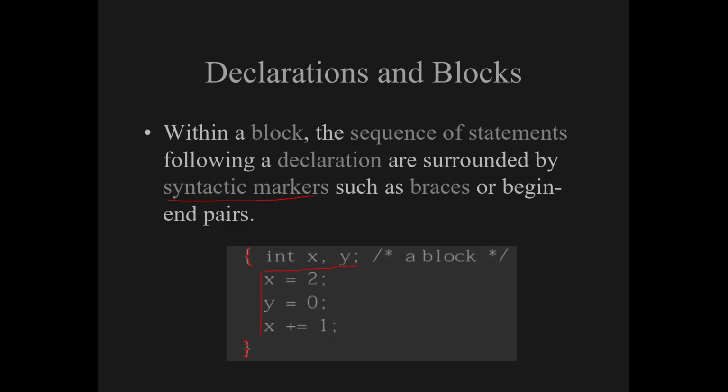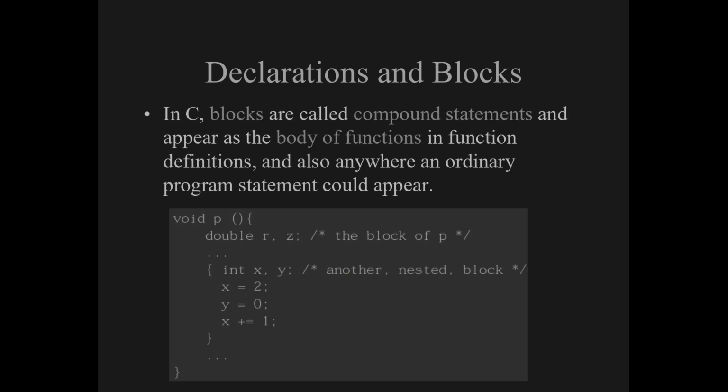And this is just kind of an abstract thing, although some languages actually require that you go with this structure. Anyways, in C, blocks are compound statements and appear as the body of functions in function definitions, and also anywhere an ordinary program statement could appear.